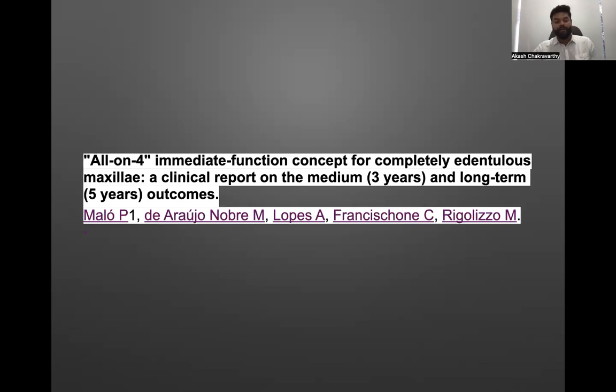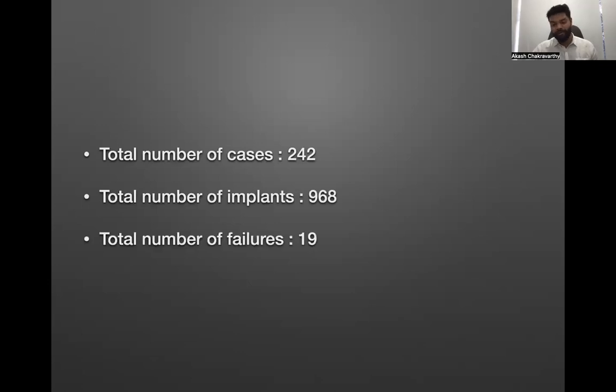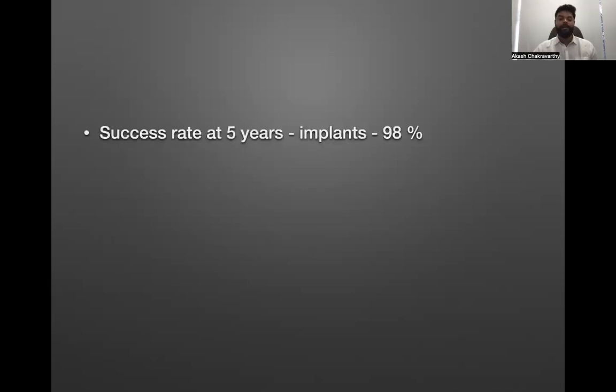That was in the mandible, and now this is a study in the maxilla. All-on-4 immediate function concept in completely edentulous maxilla. This is a 5-year study. The total number of cases was 242, the total number of implants studied was 968, and the total number of failures recorded was 19.